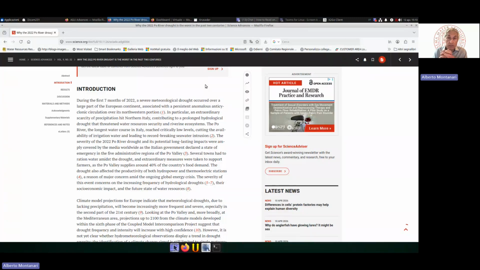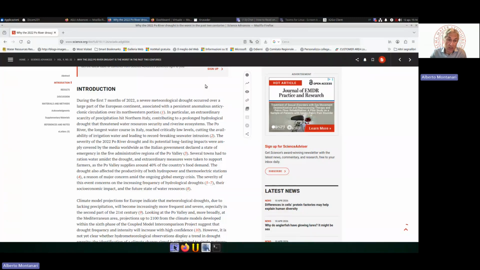In particular, the technical details, we can forget them and eventually postpone their understanding to the second pass. So, the first sentence of the introduction usually provides additional details on the background and motivation for the paper. Here we read that the motivation of the paper is the severe meteorological drought that occurred during the first 7 months of the year 2022 over the large part of the European continent and therefore also on the area of the Po River Basin.